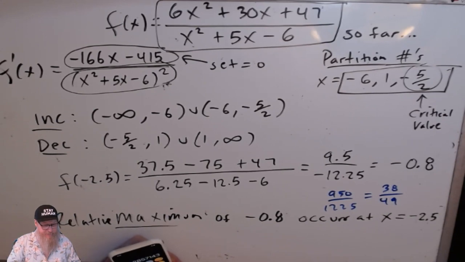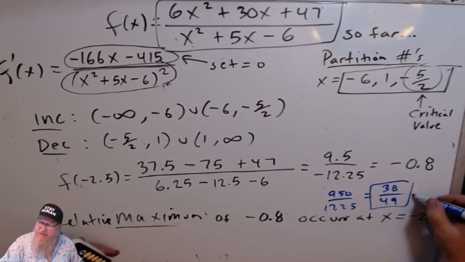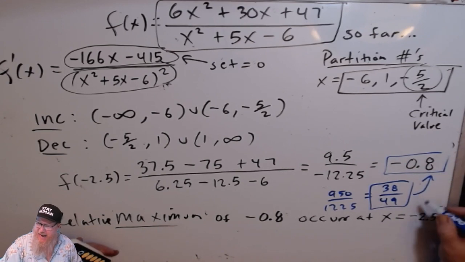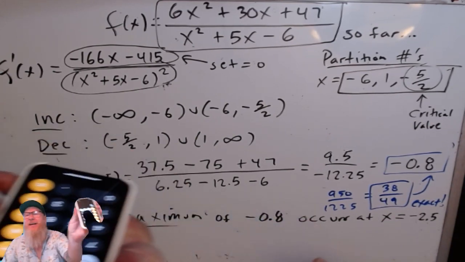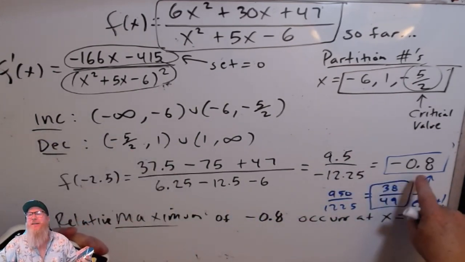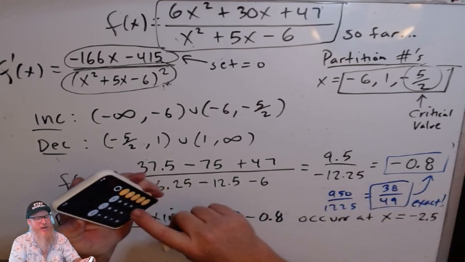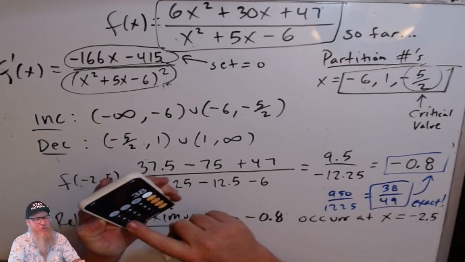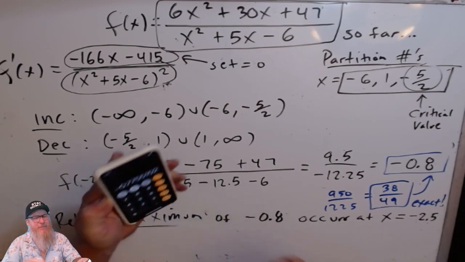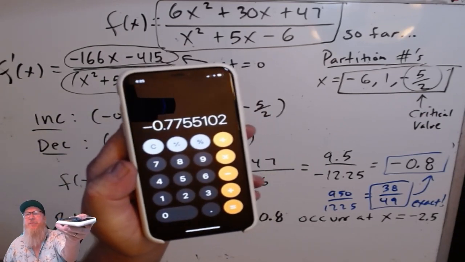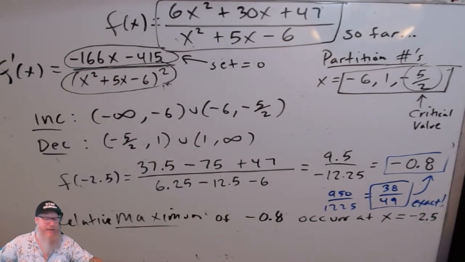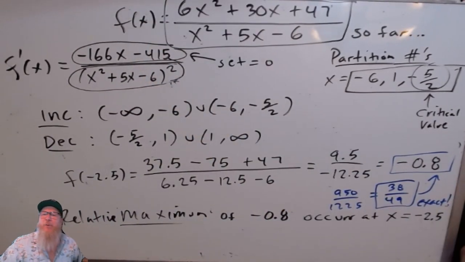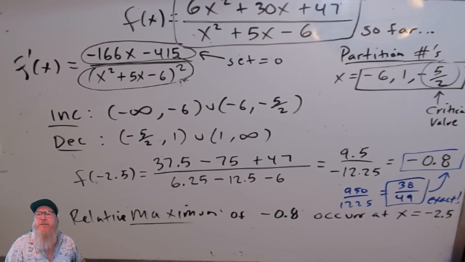No. So 38/49 would be the exact value. I just did that to show you that the decimal is equivalent. Watch, 38 divided by 49. It's still 0.7755, which if we're rounding to one decimal is negative 0.8.